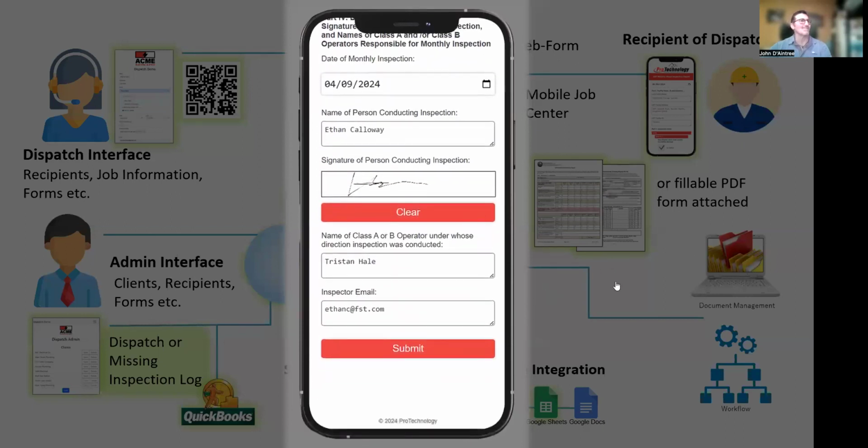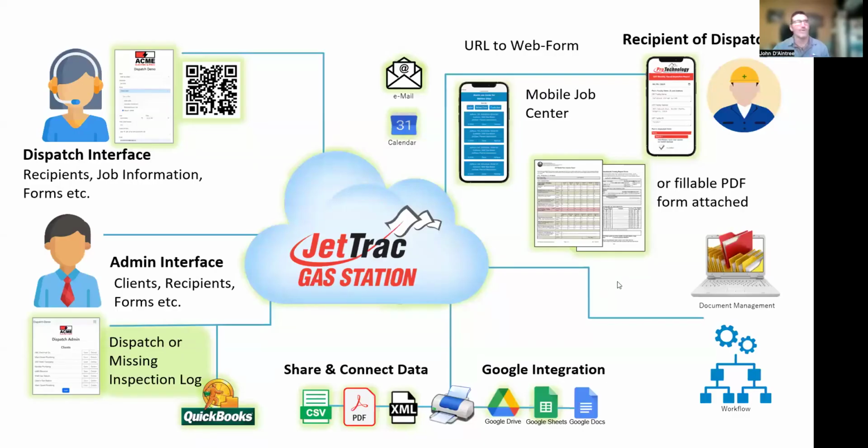We can then kick off that workflow, generate the document package, put it into Google Drive or some kind of document management system, and populate the PDF of the PEI form or the state form, so that's ready to go.